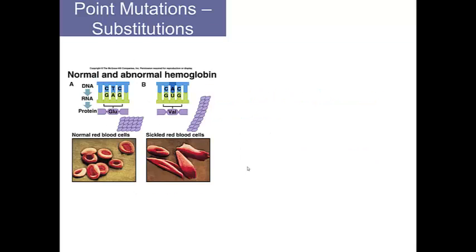One common disorder that is the result of a point mutation is sickle cell anemia. One change in the DNA from cytosine thymine cytosine to cytosine adenine cytosine results from a change from glutamine to valine and results in these sickle cell red blood cells.